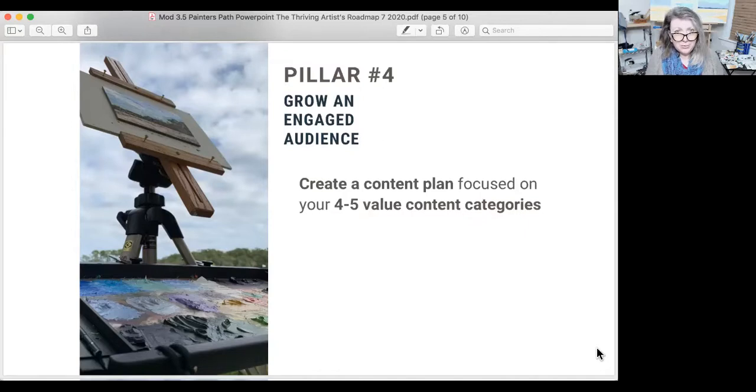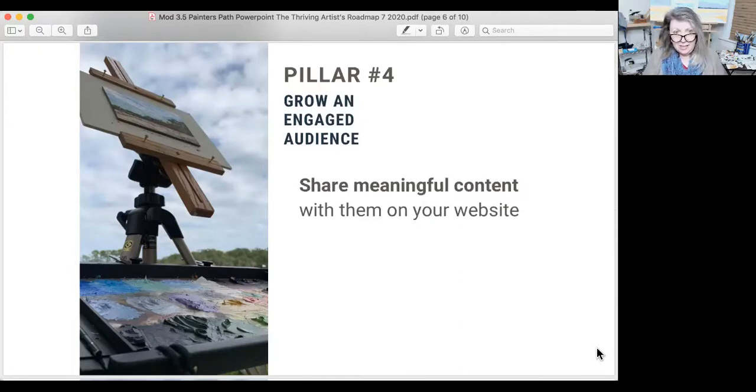So we're going to walk you through how to create your content pretty much for the next 90 days. So it'll be done. Your ideas will be down. All you'll have to do is decide, am I going to do a video? Am I going to do a photo? Or am I going to do a series of photographs? In other words, the format, not the idea of what you're going to write about. Batching is the friend of anybody who wants to spend more time painting. This is how I still have time to paint in spite of having an active online art business.